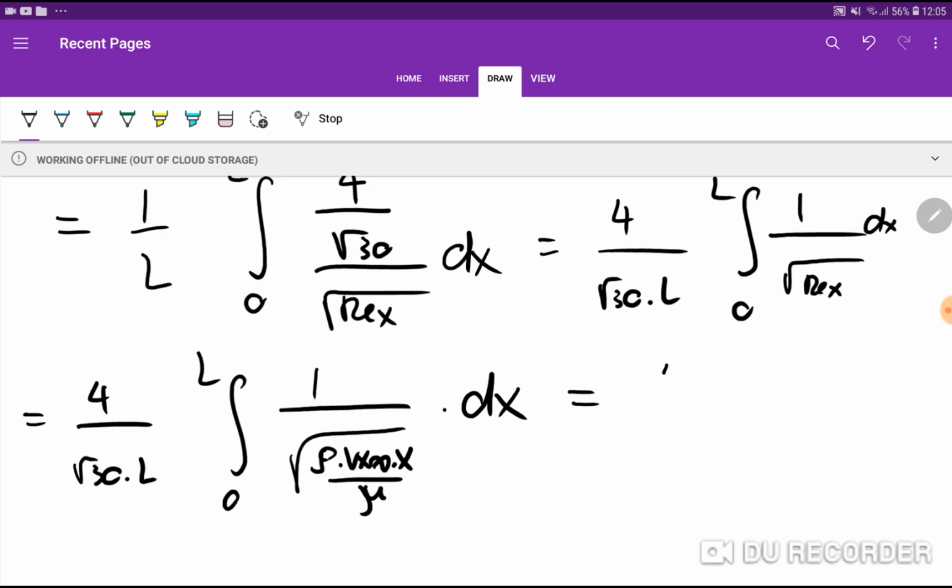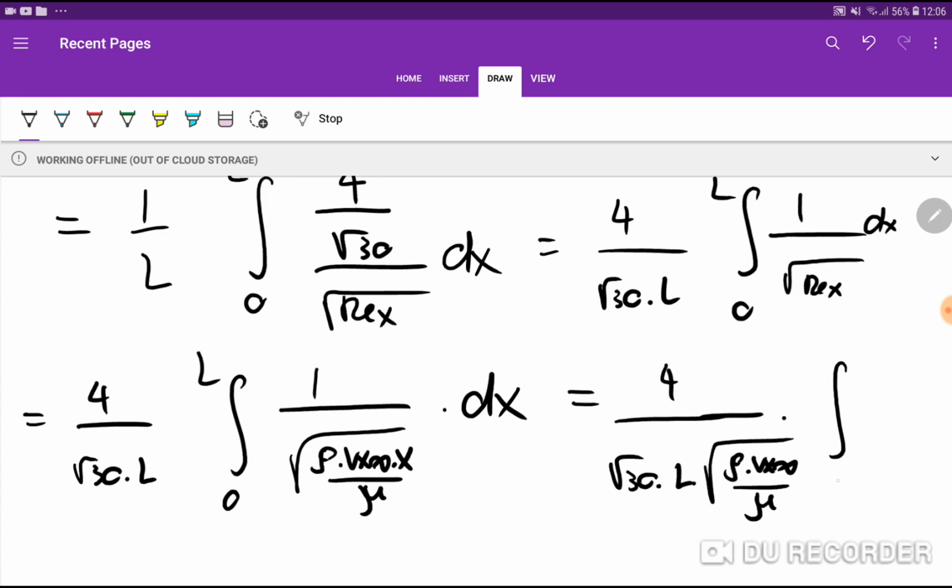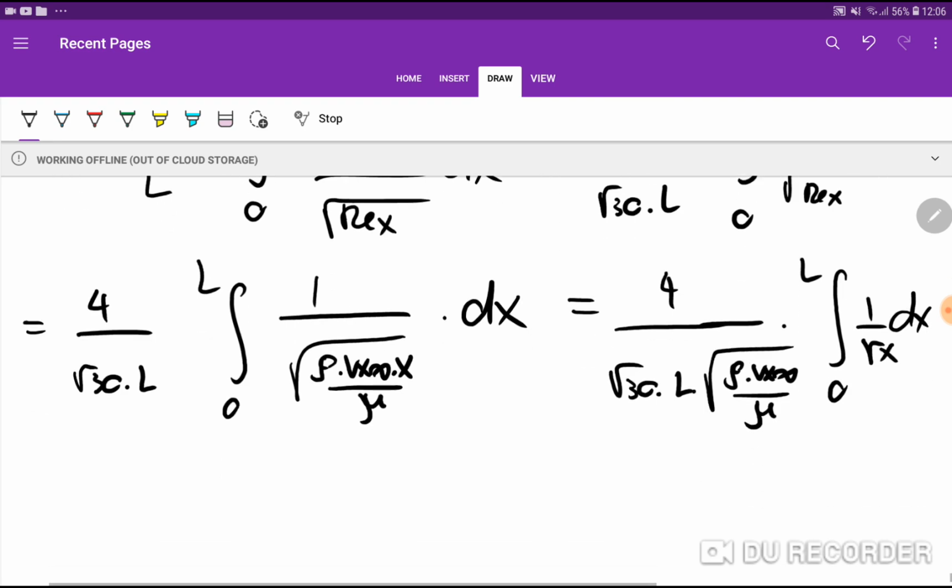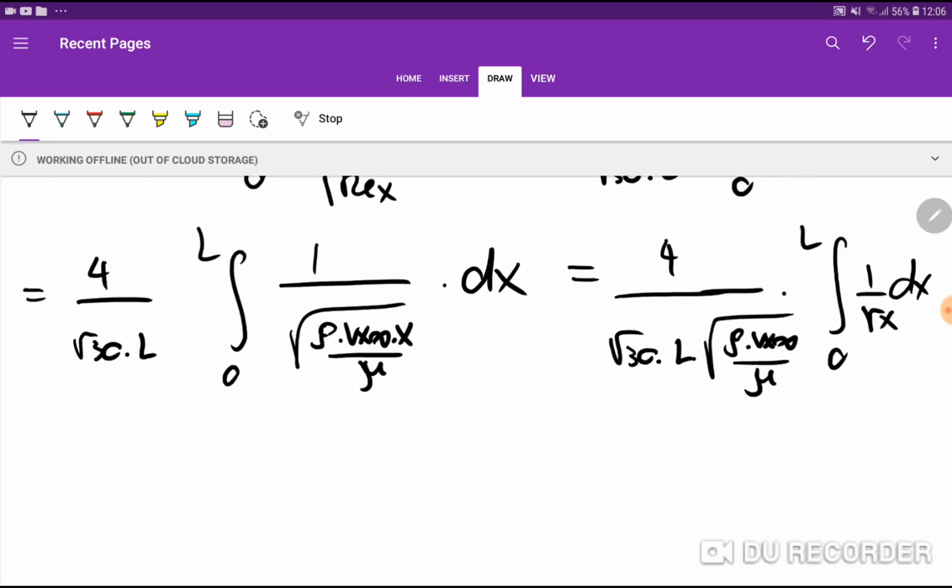I can put it out, so it becomes 30 times L times square root of rho times Vx infinity over mu times, which go from 0 to L, 1 over square root of x dx, right? Let's go ahead and evaluate this integral.